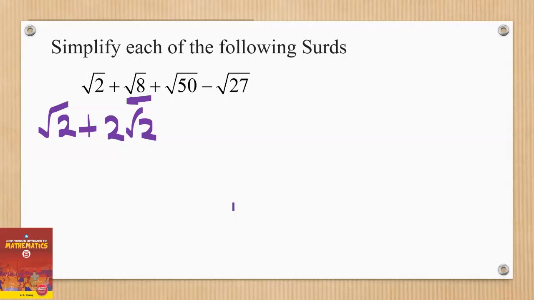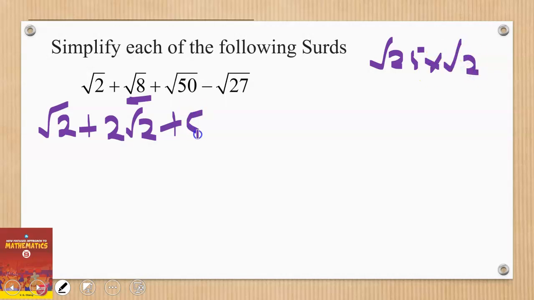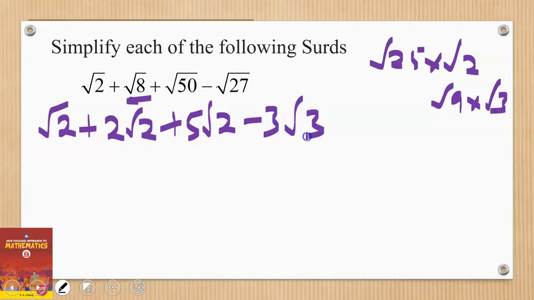So root 8 is the same as 2 root 2. And root 50 is also the same as 5 root 2, because it's going to give us root of 25 times root of 2. And so we get 5 root 2. Then minus root 27, the same as root of 9 times root of 3, and that will give us just 3 root 3.